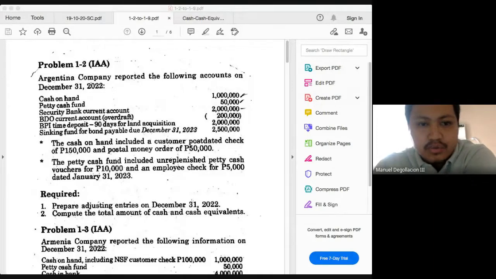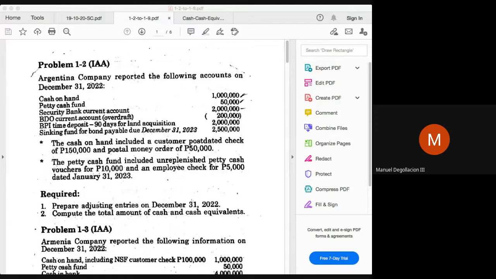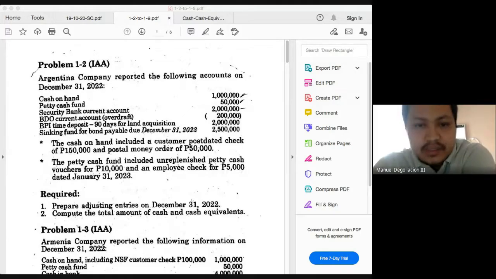BDO current account overdraft, as what we have established before, should not be part of our cash and cash equivalents. Overdrafts are deducted from none of our total cash and cash equivalents. As what we have discussed before, overdrafts are to be presented as a separate current liability.